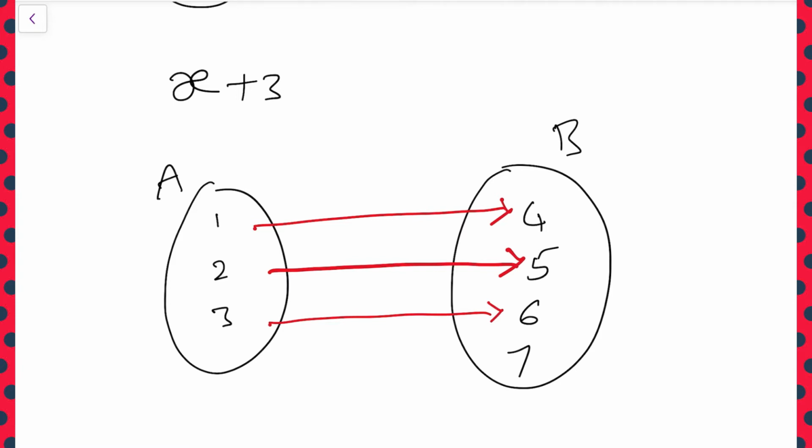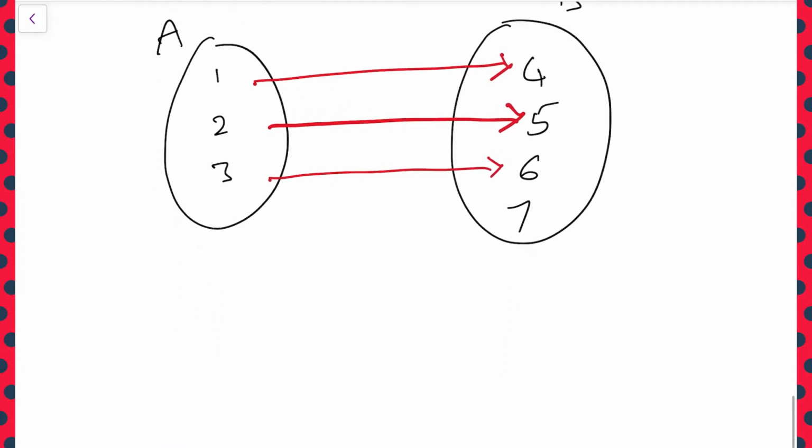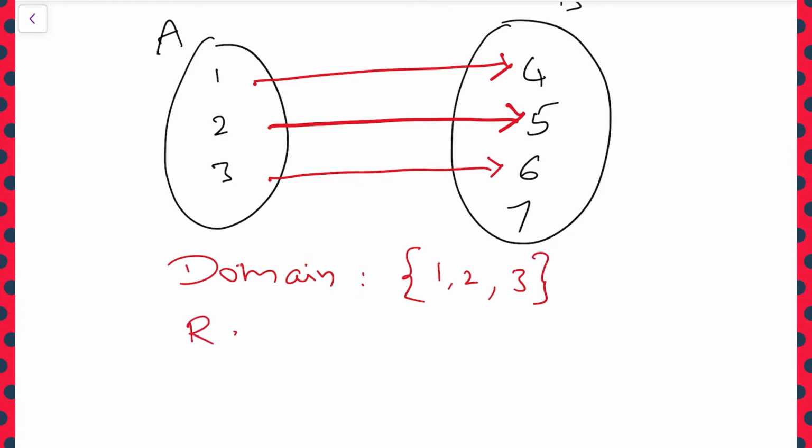So now, whatever numbers we are substituting in the place of x or any variable, all those numbers come under the domain. That is 1, 2, 3. Then what is range?